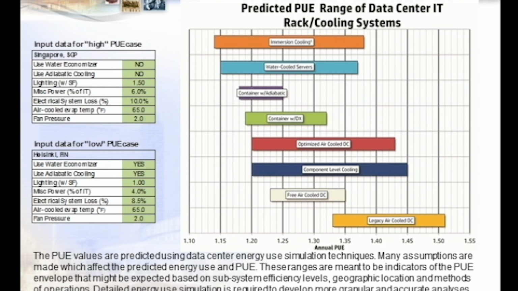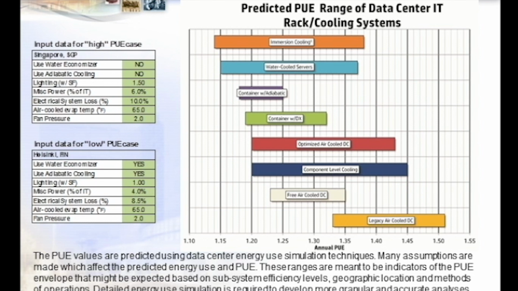Whereas the container, the third bar down, the container with adiabatic cooling, just by the nature of how that works, can be applied with a very small range of PUEs. So each one of these has its own characteristics, and certainly every one of these cases has parameters that can be changed, modified and improved.